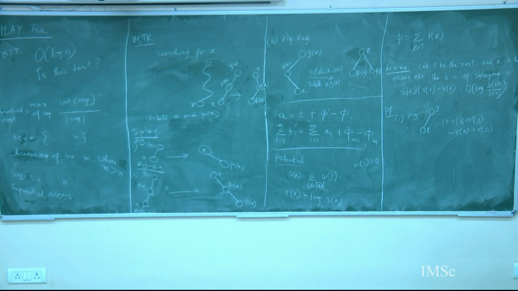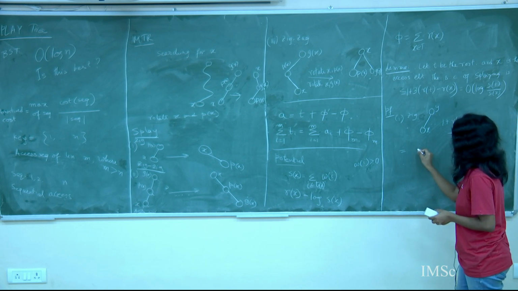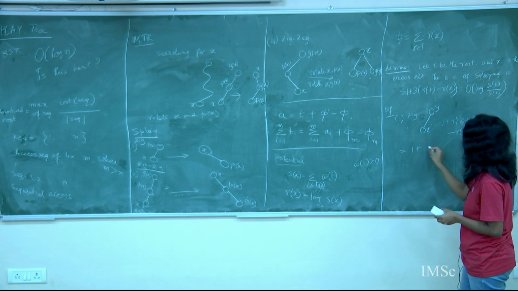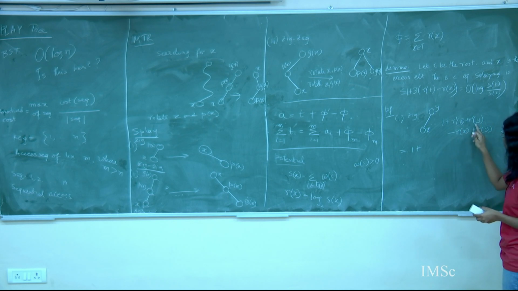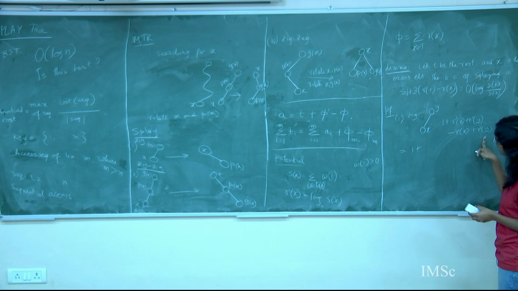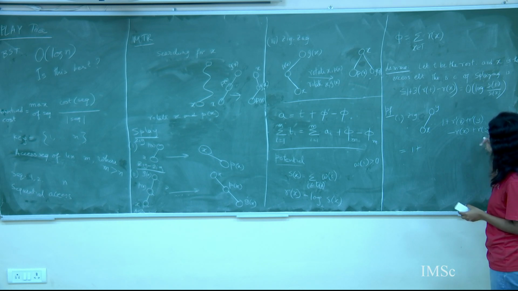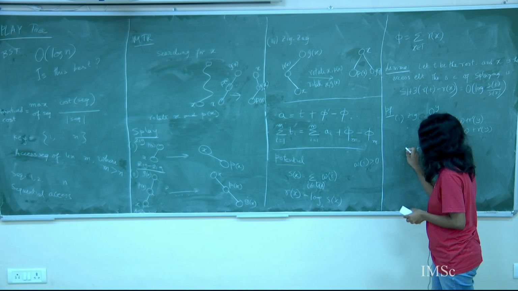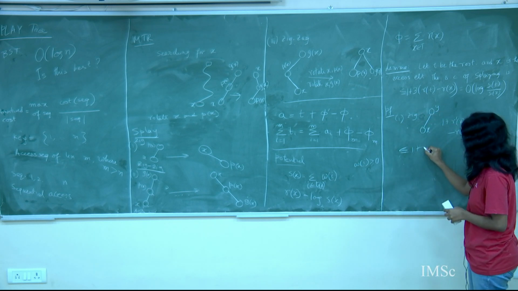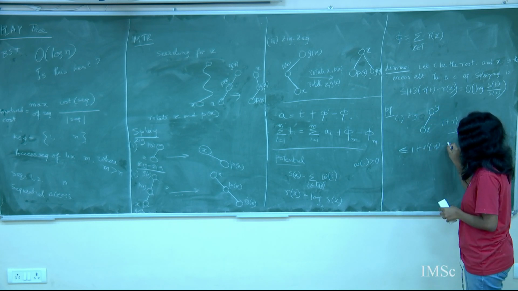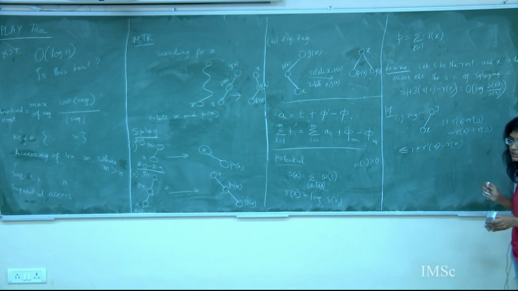So this we can write as, since r of y is greater than r prime of y, r prime of x minus r of x, right?